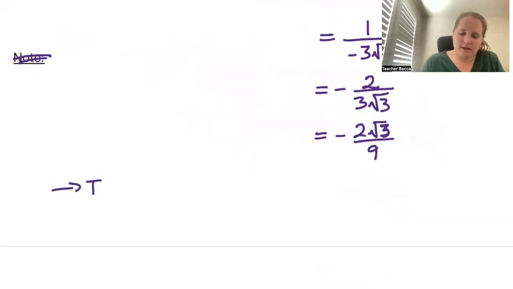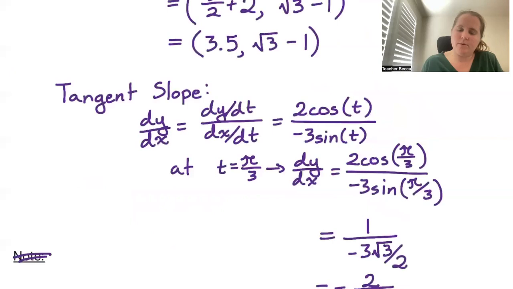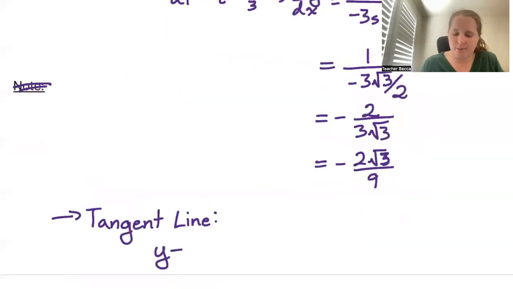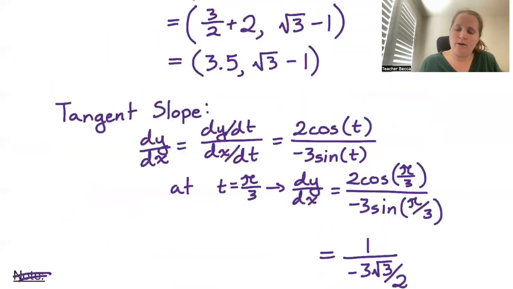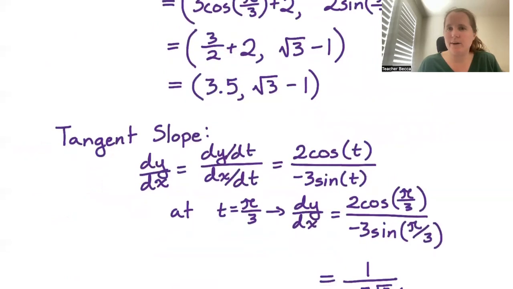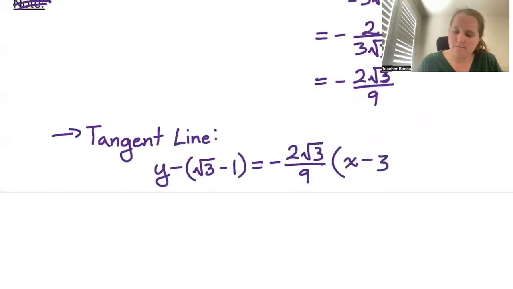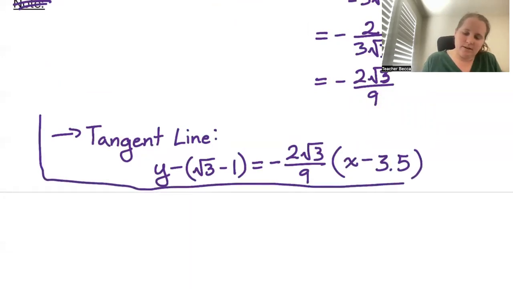So our tangent line: we have y minus, our y value was root 3 minus 1. So y minus in parentheses root 3 minus 1 is equal to our slope, negative 2 root 3 over 9, times x minus, our x value of our point was 3.5. So here's our tangent line.